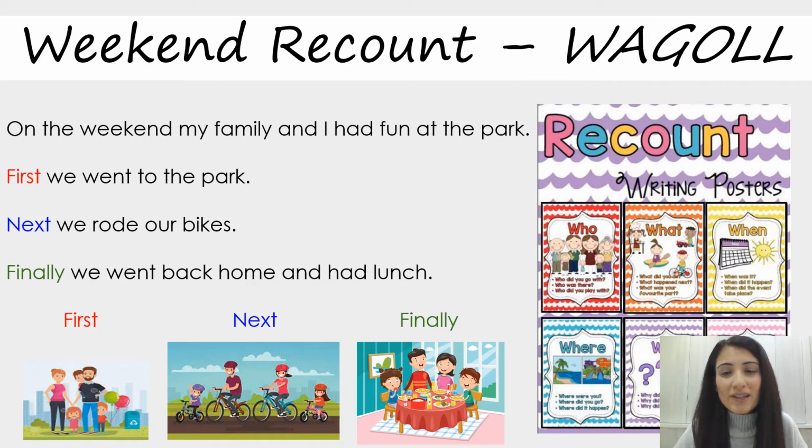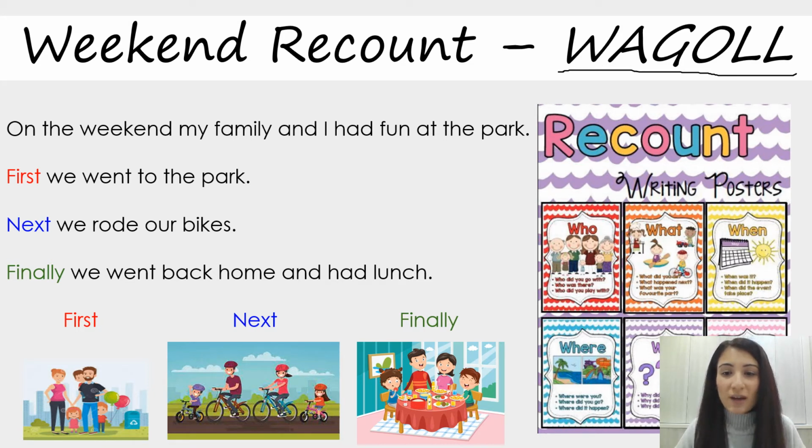So first, let's have a look at our waggle, which is what a good one looks like. So here is an example of a recount, and this is a recount of my weekend. Now, in order to write my recount, I need to remember my 4 W's that I mentioned in my success criteria just a moment ago.